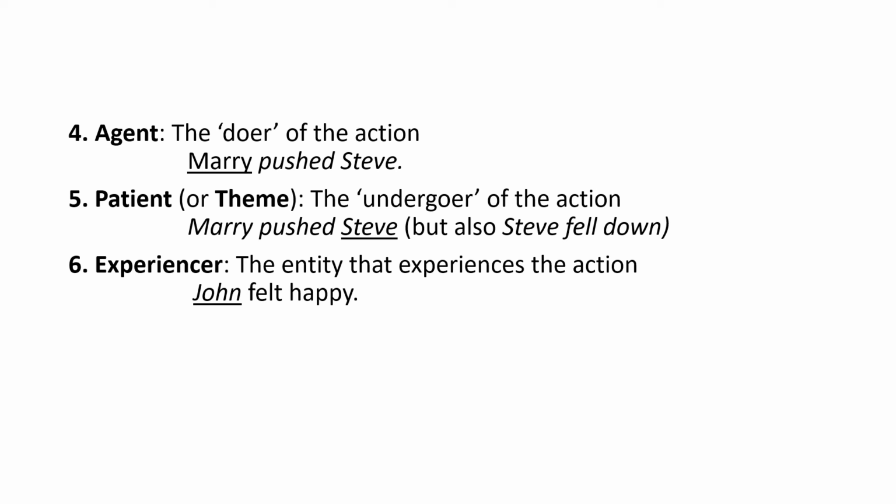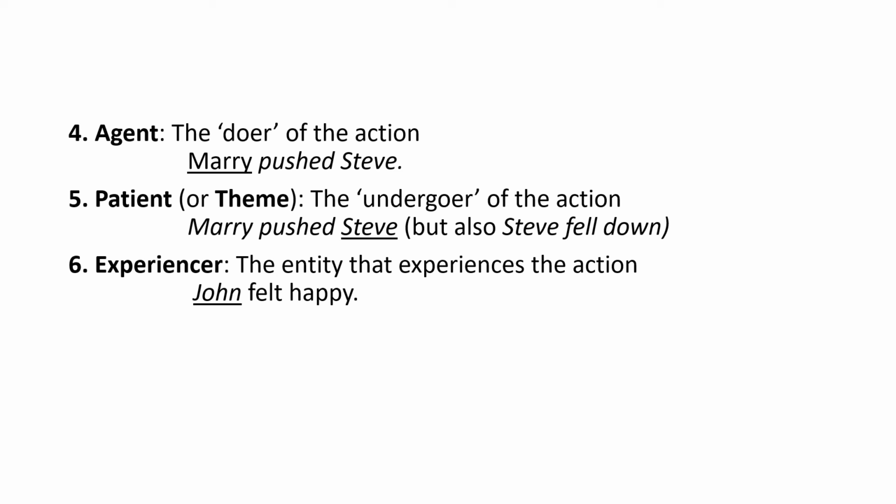Next is the patient or theme. We are not talking about the patient who feels sick or who is not feeling well. We are talking about another patient, what we say, the object. Grammatically, we can understand the object as the patient or theme, the undergoer of the action, the person who will be affected by the subject.